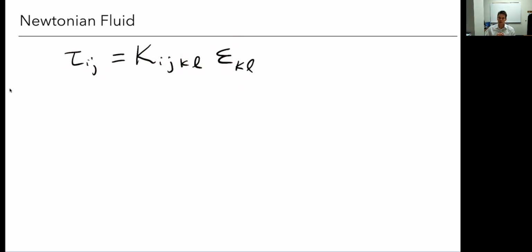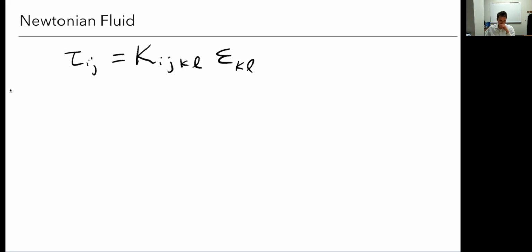Fortunately, we won't have nearly so many because a fluid is isotropic. Isotropic means that no matter what direction or orientation I choose for some coordinate system, my fluid properties have to be the same. I'm going to get the same pressure, same density, and so on.